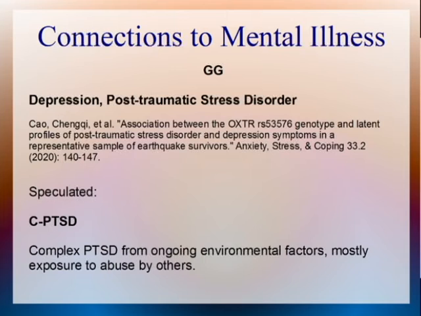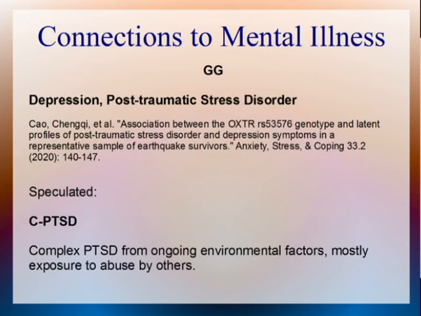Many studies showed links to mental illness in people who have the GG genotype, which mainly increases depression and post-traumatic stress disorder. This falls in line with what some psychologists are teaching regarding CPTSD, or complex post-traumatic stress disorder.